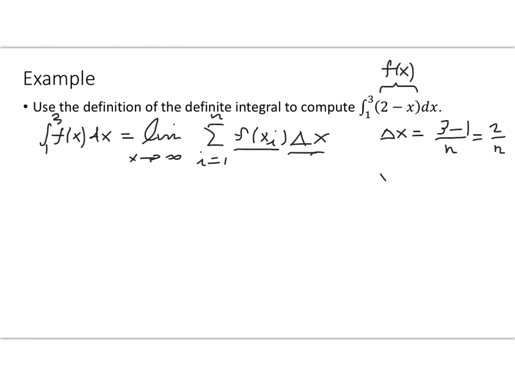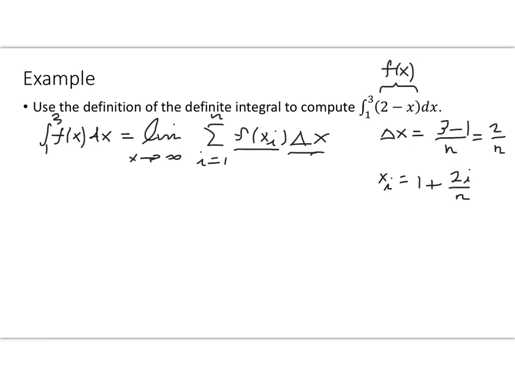Now x sub i, on the other hand, how do we get it? Well, we start with our left endpoint, which is 1, and then we jump over i copies of delta x. So x sub i is 1 plus 2i over n, and delta x is 2 over n.